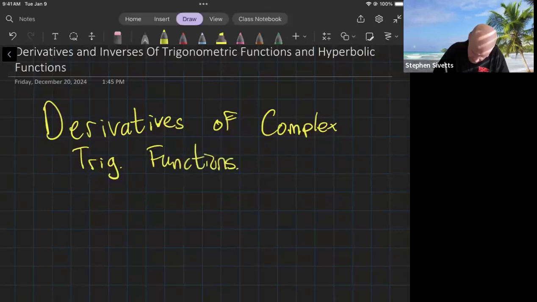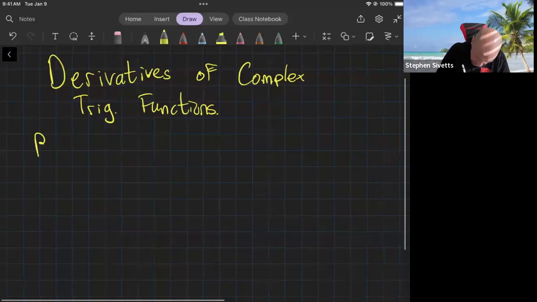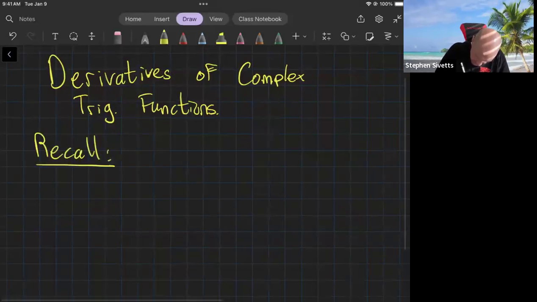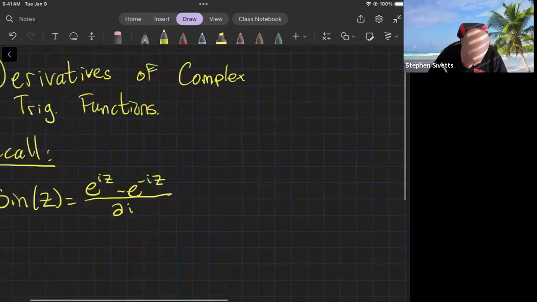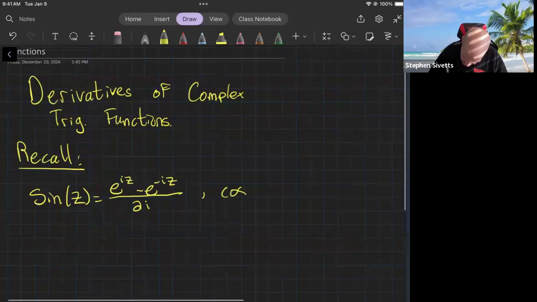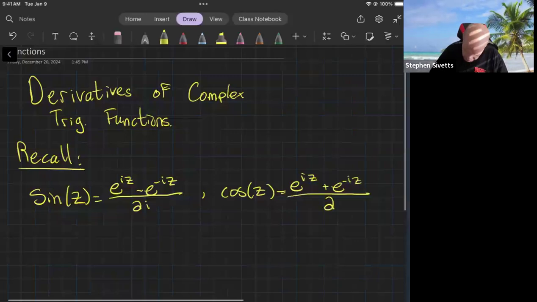Okay, so recall in the last video that by definition, sine of z equals e to the iz minus e to the minus iz divided by 2i, and cosine of z equals e to the iz plus e to the minus iz over 2.